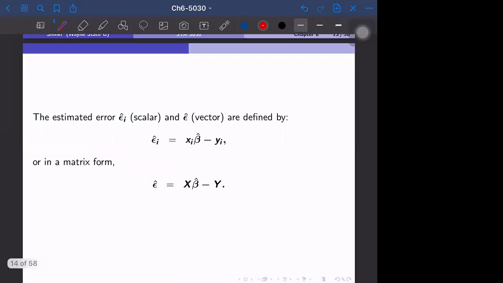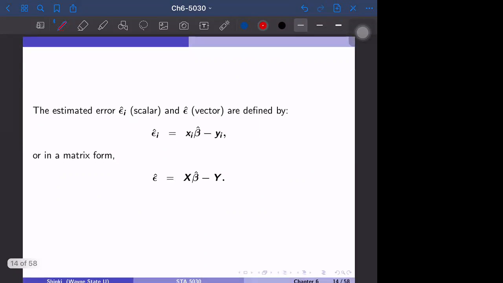And lastly, we explain epsilon i hat. Remember that y is equal to a plus b x plus epsilon. But a and b are just estimated, so of course epsilon is not known, but we can plug in a hat and b hat. So we should say that this is also epsilon hat.